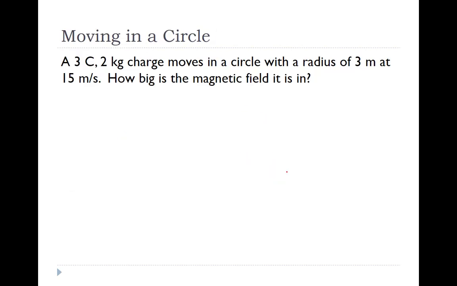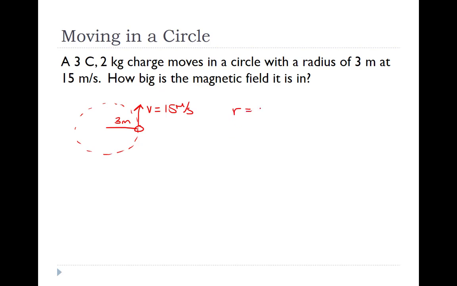Let's do a quick calculation of this concept. So we have a 3 coulomb, 2 kilogram mass charge moving in a circle with a radius of 3 meters at 15 meters per second. So here is the circular path. I'm told the radius is 3 meters. I'll let the velocity here be 15 meters per second. I want to know how big is the magnetic field.